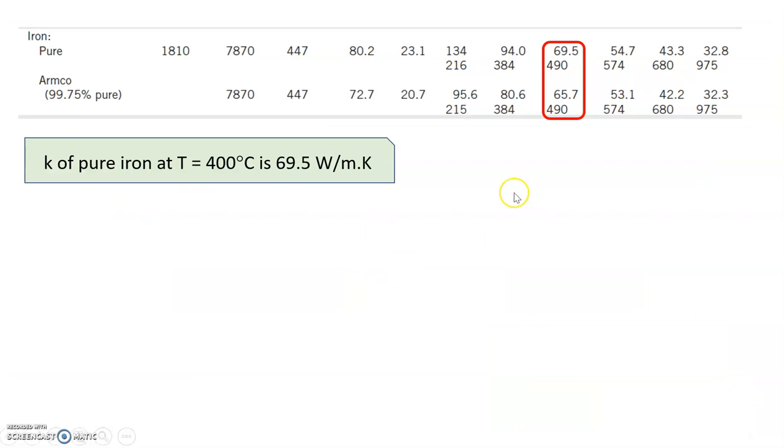Next, again, I've assumed that my iron ball is pure iron. Again, you can also choose to have an AMCO. So the thermal conductivity will be different depending on the type of iron you have chosen. There is no other type, only these two types.